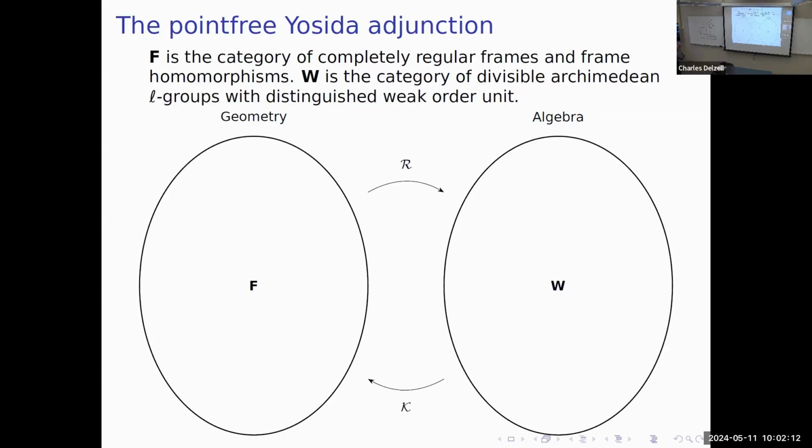The functor in the other direction is the functor which attaches to a W object its frame of W kernels. K for kernels. Okay, so that's the setup. I will refer to this frame as the Madden frame, again, by way of a suggestion of Banaszewski.